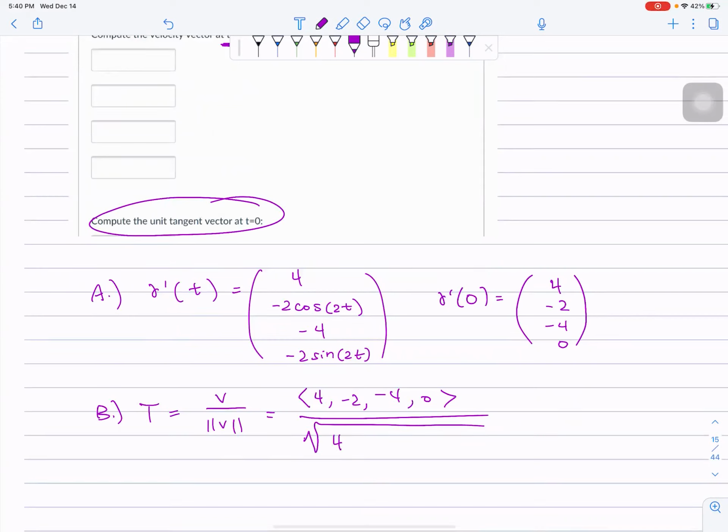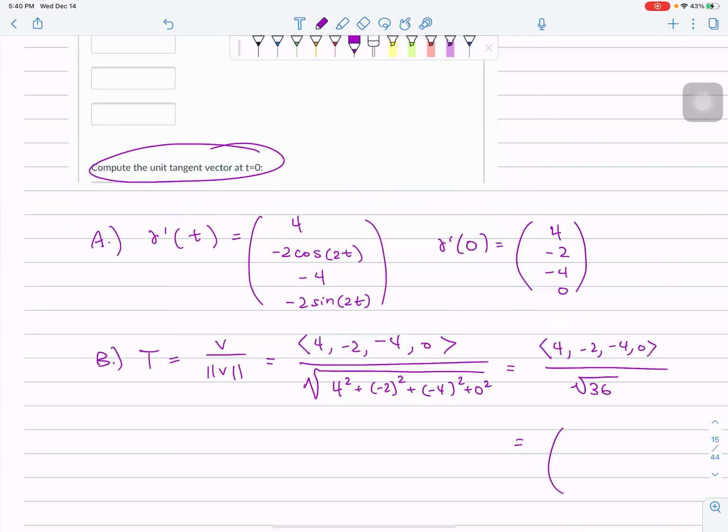So I have 4 squared plus negative 2 squared plus negative 4 squared plus 0 squared. 16 plus 4 is 20 plus 16 is 36, square root 36. So my final tangent vector is going to be 4 over 6, negative 2 over 6, negative 4 over 6, 0.